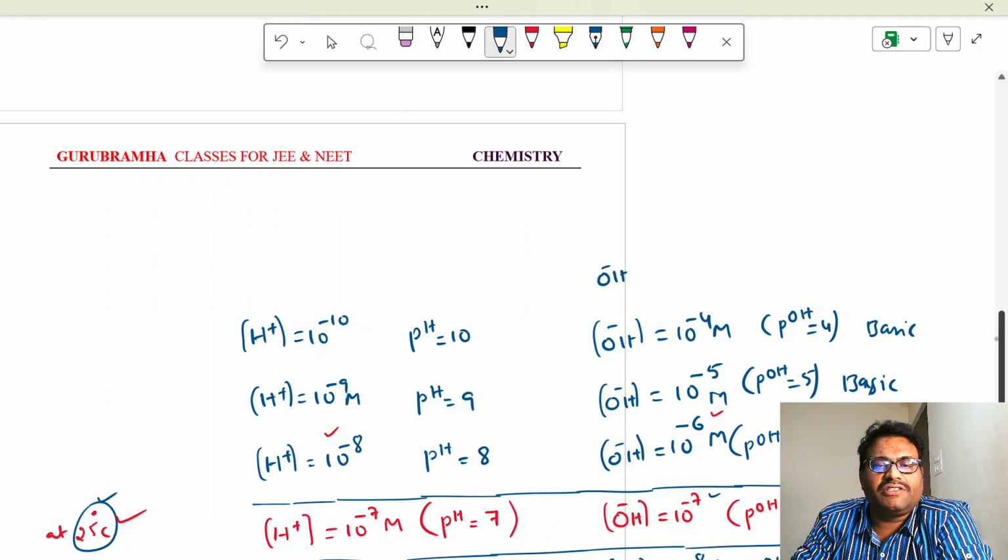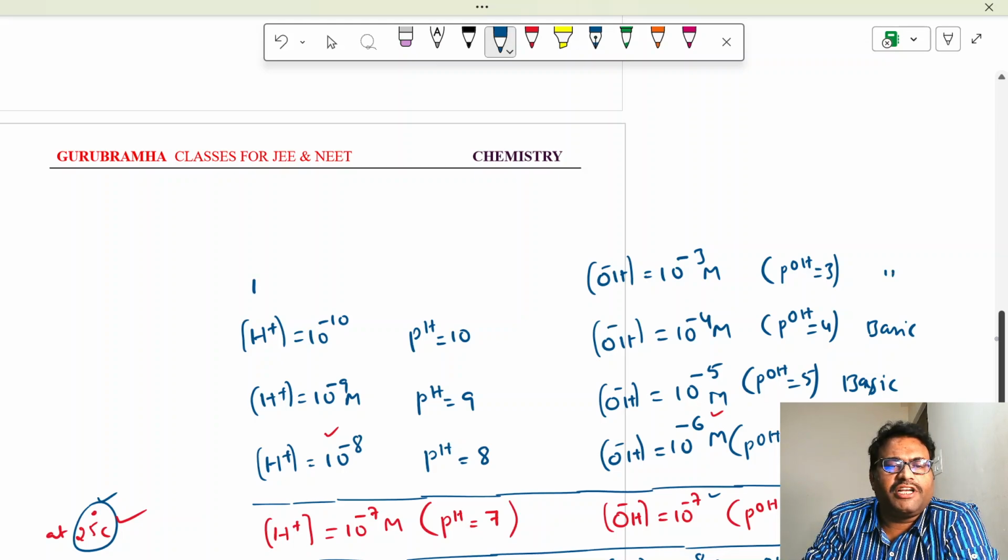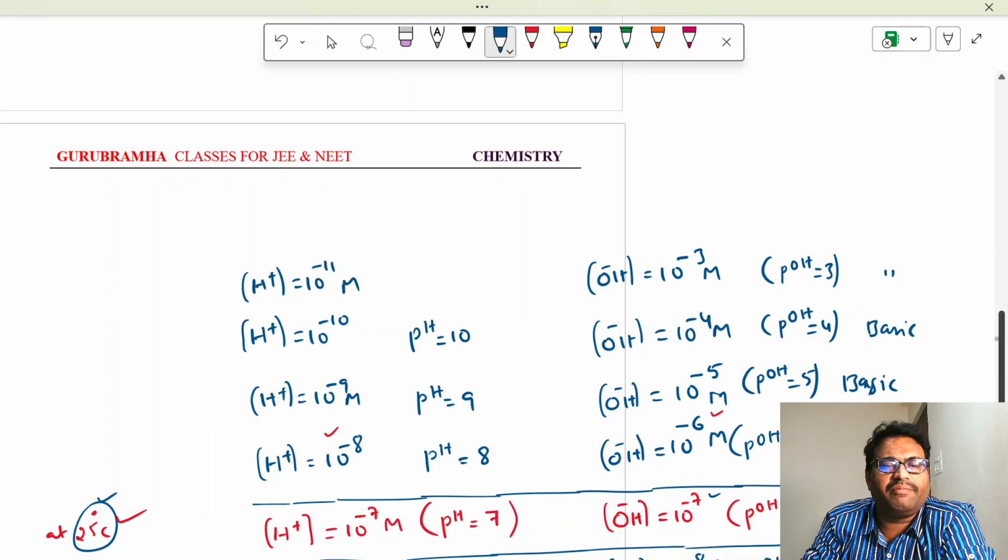OH minus ion concentration here is 10 power minus 3 molar, pOH is equal to 3. Again basic. Now H plus ion concentration will be 10 power minus 11 molar. Then pH is equal to how much? 11.